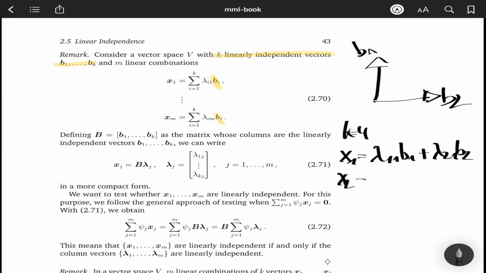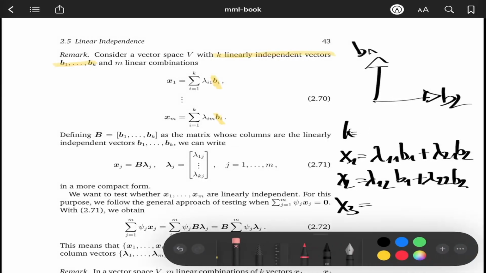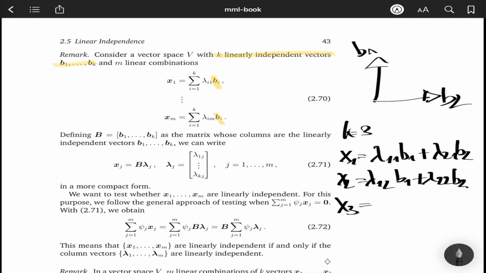Then we have x2, and then they say lambda 1 2 b1 plus lambda 2 2 b2. Let's make it a bit easier, just k3. Then we have lambda 1 3 b1 plus lambda 2 3 b2. So you will have three different x vectors.